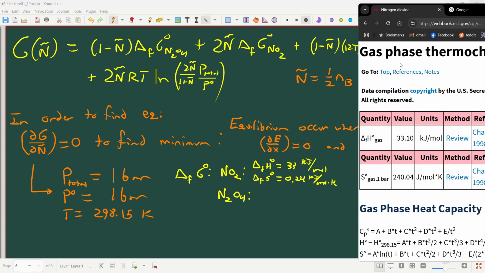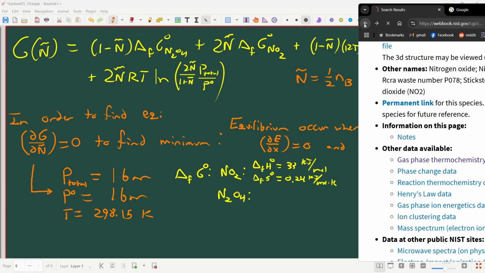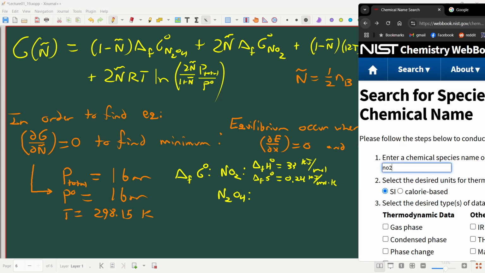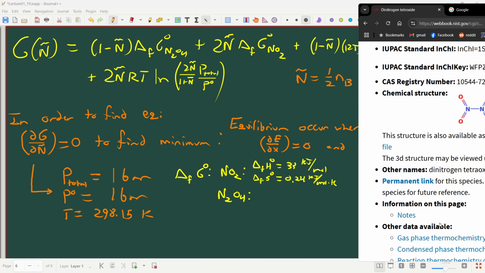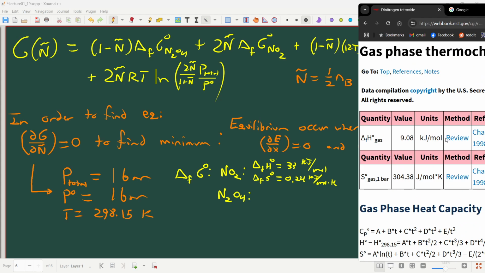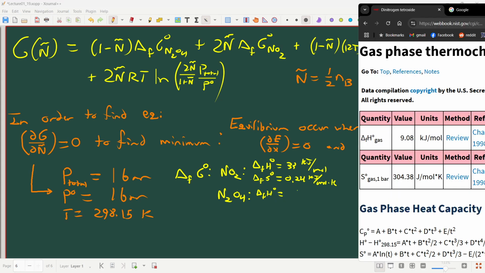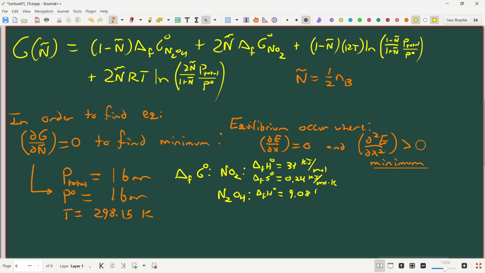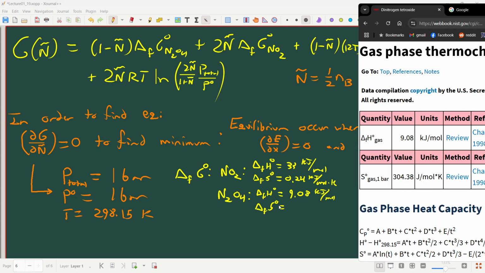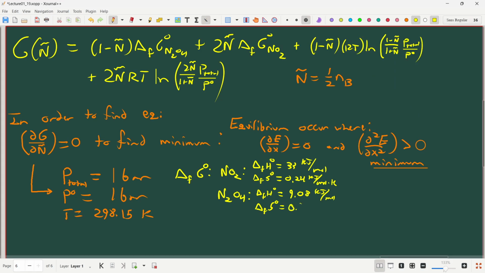And then for N2O4, dinitrogen tetroxide, we have the enthalpy of formation is 9 kilojoules per mole, and the entropy of formation is a little higher, 0.304 kilojoules per mole per Kelvin.